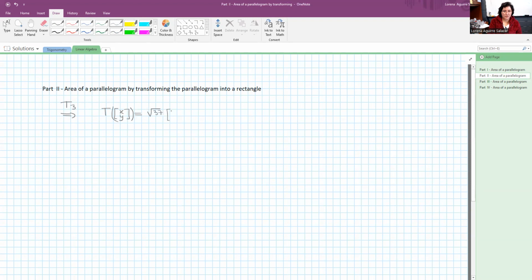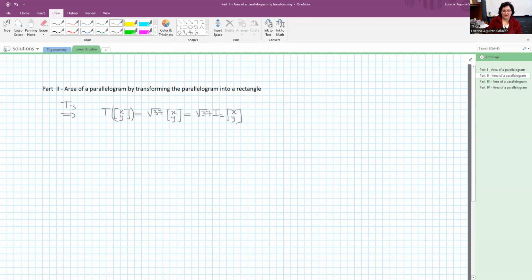So there we have the vector root of 37 times xy, meaning that this is the same as the matrix root of 37, 0, 0, root of 37, or if we want to say it this way, root of 37 times the identity matrix of size 2 by 2 times xy.